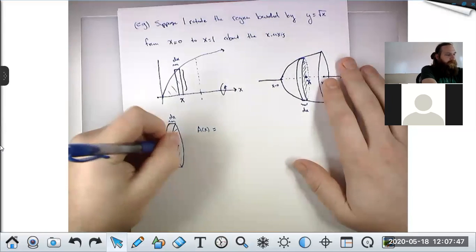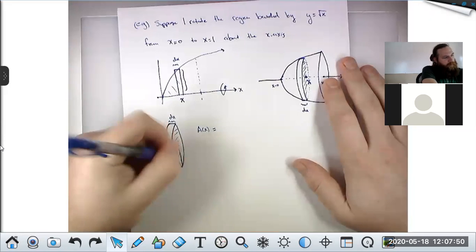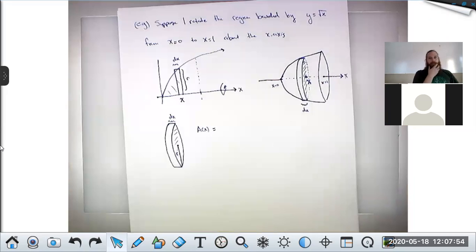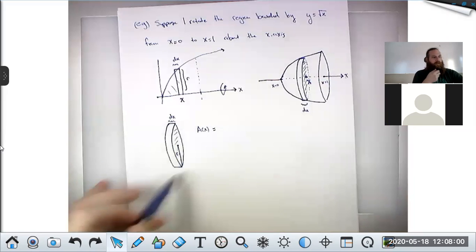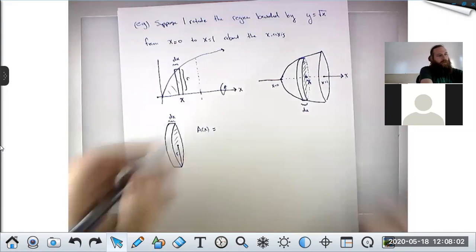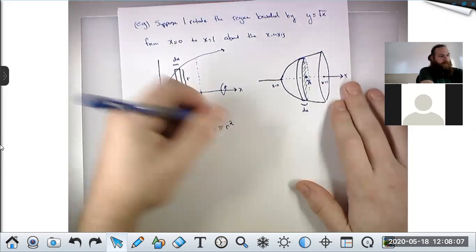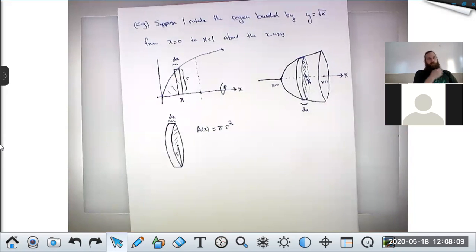So if this guy has radius r, then this distance right here is r. And the area there, when you rotate that strip, this thing you get is a disk shape, meaning its cross-section is a circle. That will be pi times that radius squared. But what is that radius?